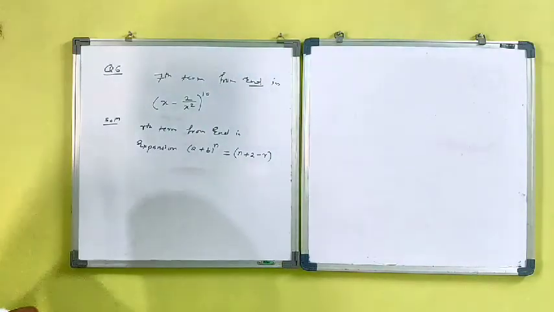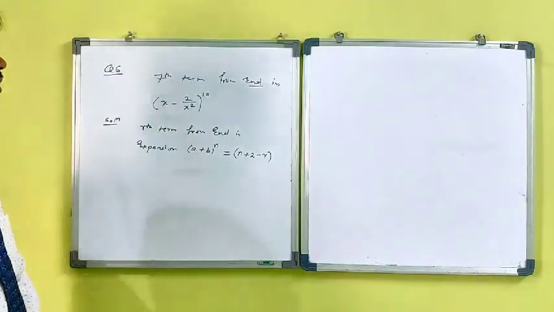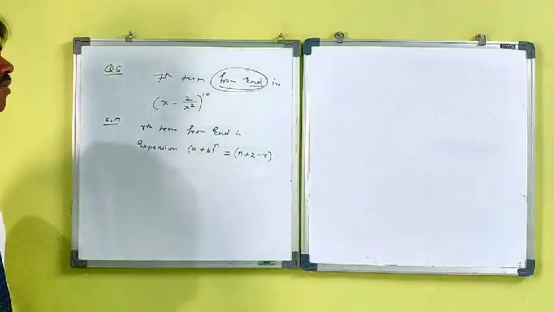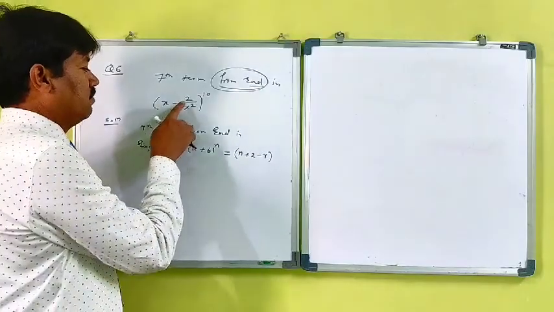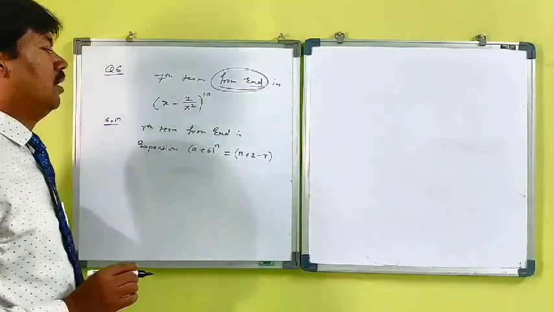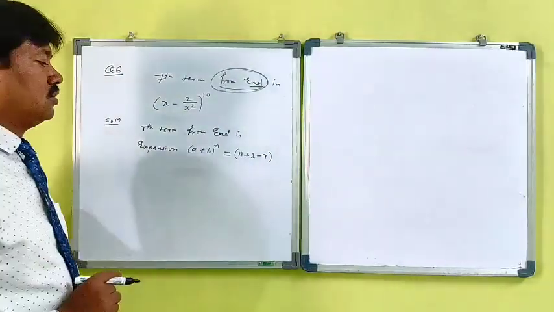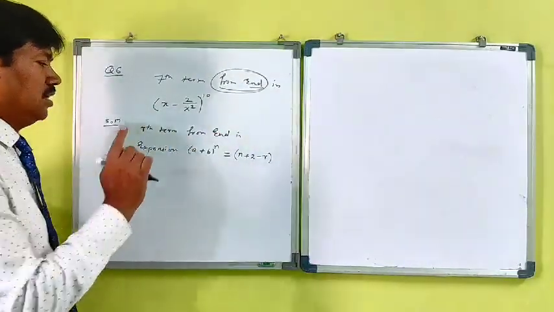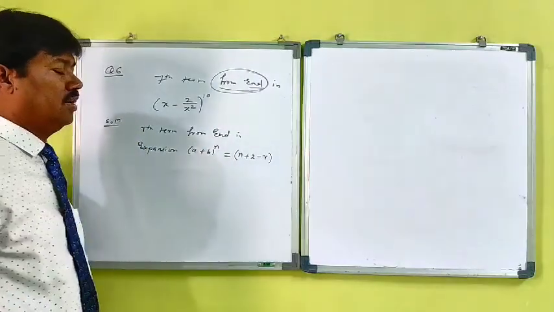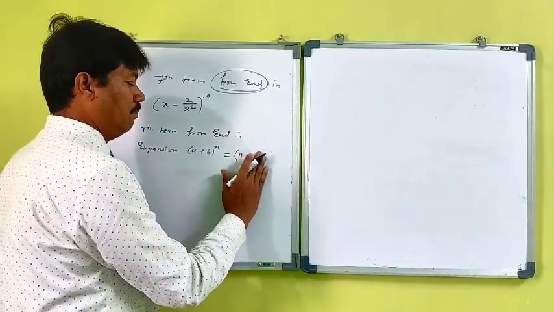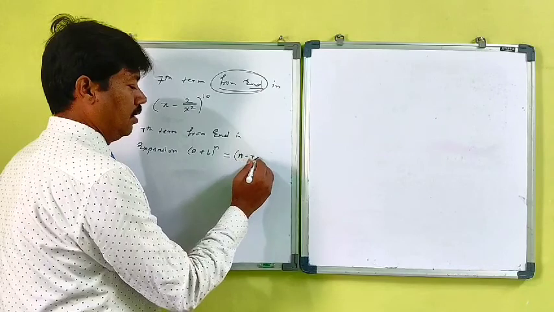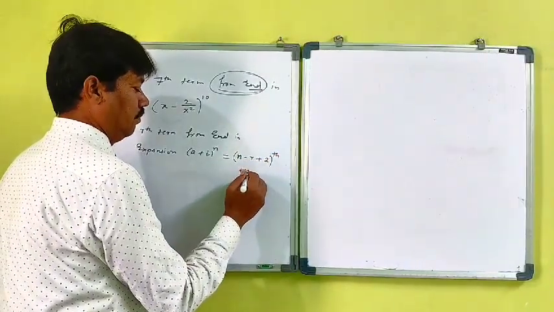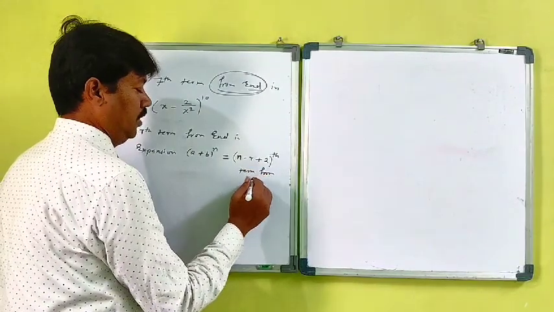Yes, question number 6. Find the 7th term from the end. Remember that you have to find the 7th term from the end in the expansion of x minus 2 upon x square, raised to 10. So in this case, the rth term from the end, in the expansion a plus b raised to n, is always given by the n minus r plus 2 term from the beginning.